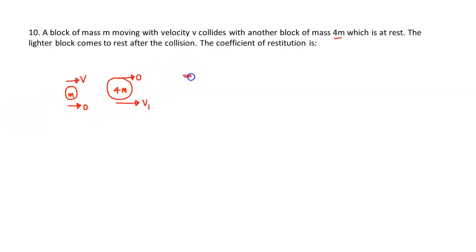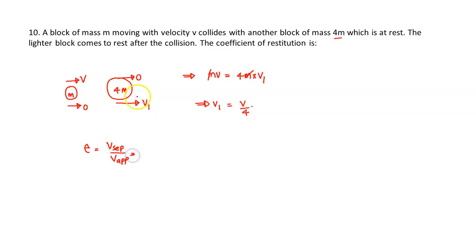We can conserve the linear momentum in any collision. So initial momentum, which is m into v, will be equal to final momentum, which is 4m into v1. So this m will get cancelled out, so we can write v1 will be equal to v by 4. Now coefficient of restitution is velocity of separation by velocity of approach.